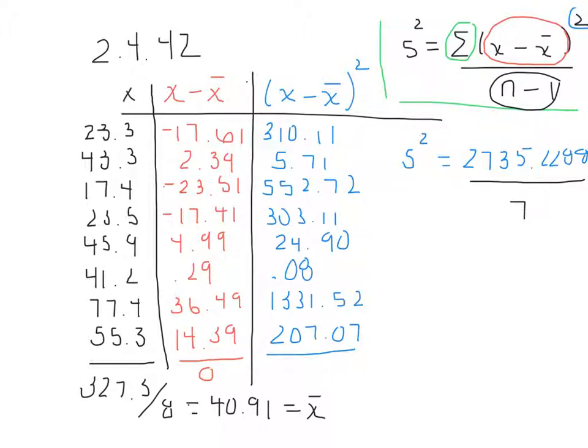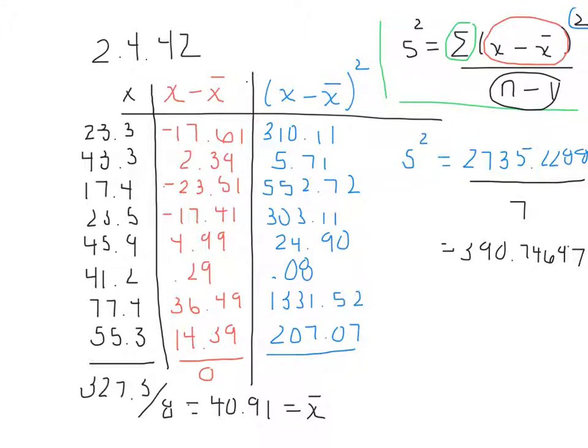So when I divide the sum of that blue list by 7, I get a variance of 390.7469714. That's all that I can fit on my screen there.